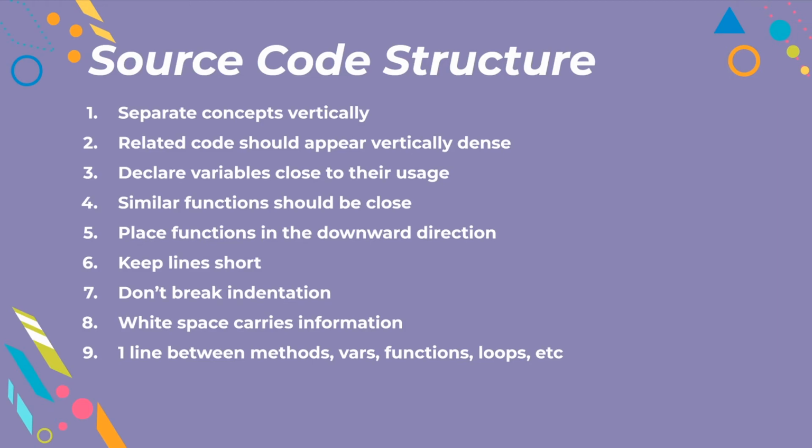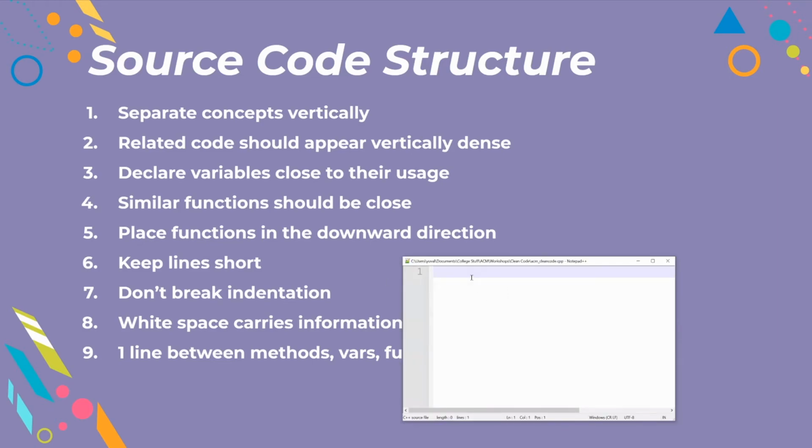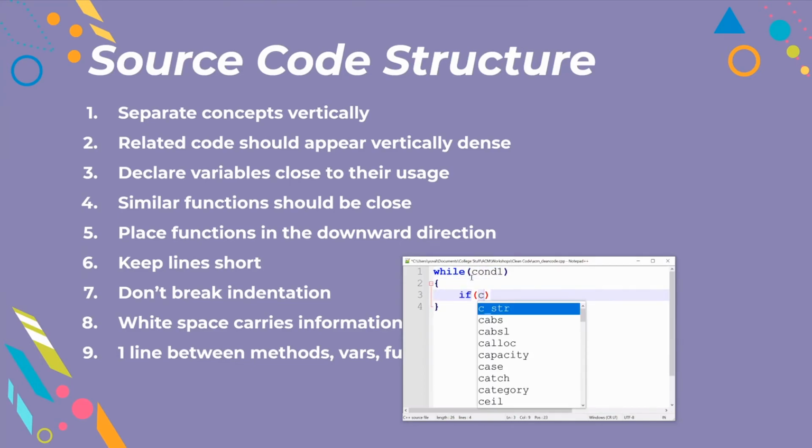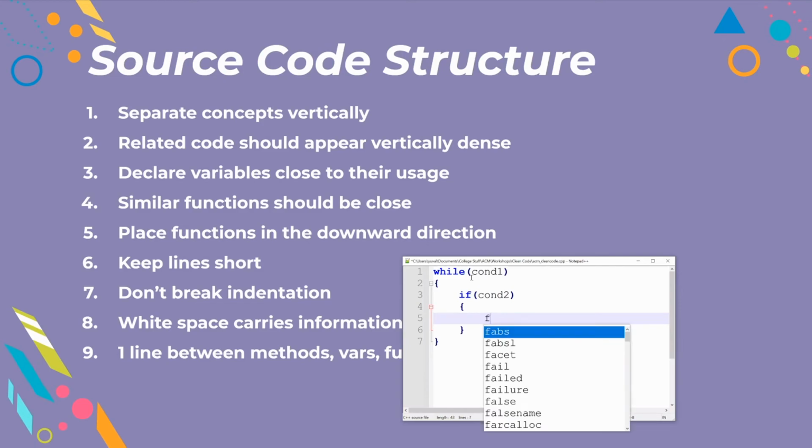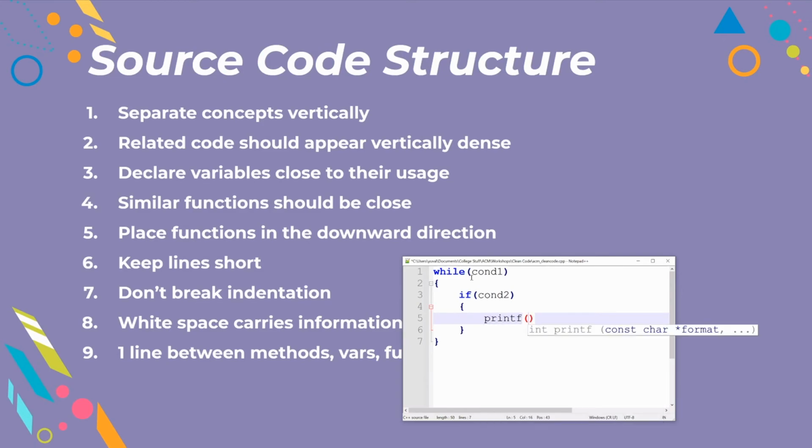Don't break indentation. That's a common issue that we see with people that start. For example, if you have something like while some kind of condition 1, and then you'll have an if and some kind of condition 2 inside here, you should be properly indented and consistent, where let's say in here you write some stuff.